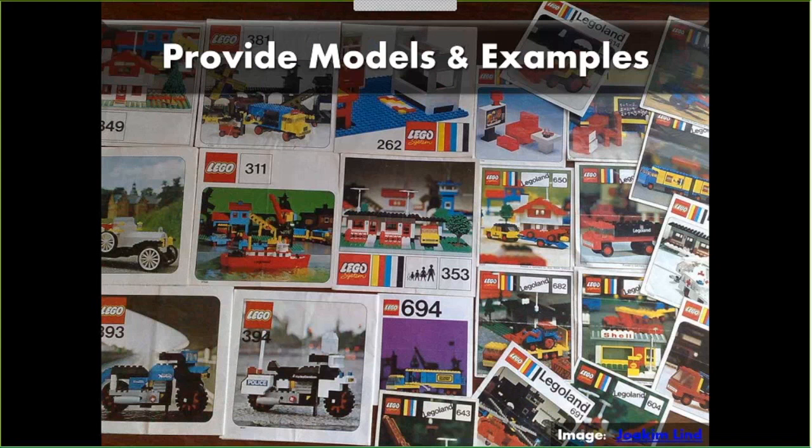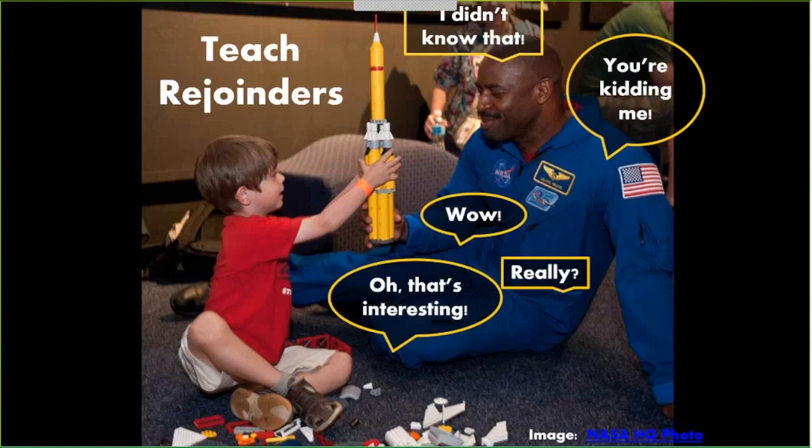I want to provide models and examples for students of what I want them to do. I want to teach rejoinders so that as they're interacting in their groups, the stuff they want to say to each other is the social language. They want to be able to say, "You're kidding me, I didn't know that. Really? Oh." And so by providing those at the bottom of paired activities or other kinds of discussion worksheets, I'm progressively building.